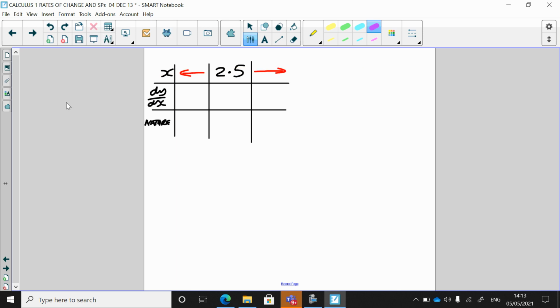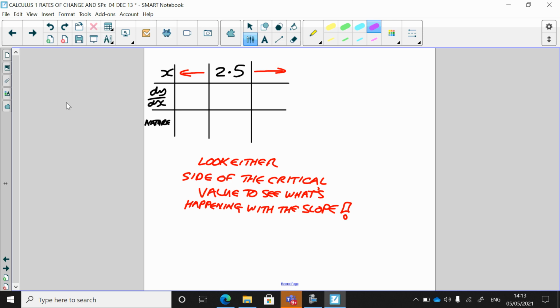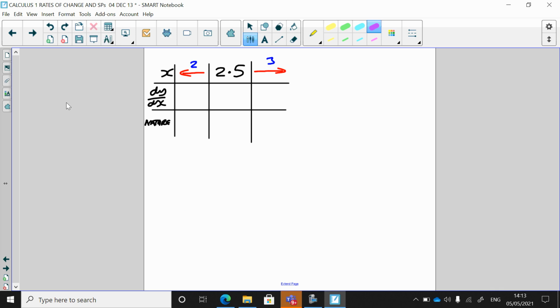We're going to look left and right of the critical value. So we just pick nice numbers: a number for x to the left of 2.5 and a number to the right of 2.5. I'll probably pick 2 and 3 here. You can go half either side. You pick whatever numbers you want. You could pick 1 and 4, 0 and 16, whatever.